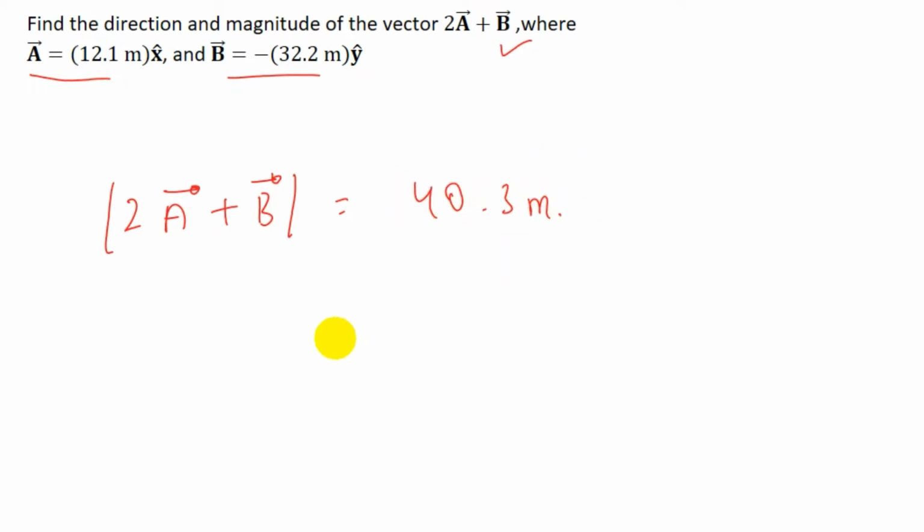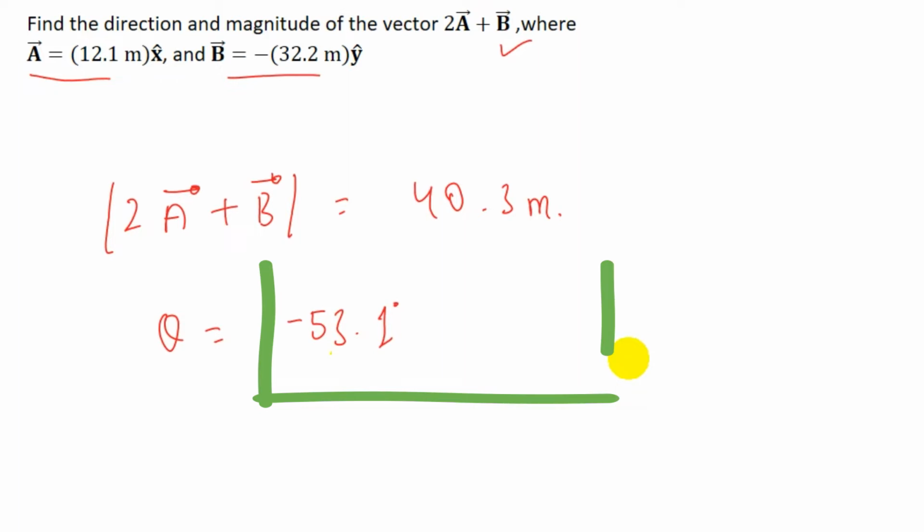This would be the magnitude, and the direction theta, this would be minus 53.1 degrees. Why this negative? Because the direction is below the x-axis, or you can write 307 degrees. So this would be the answer for this question.